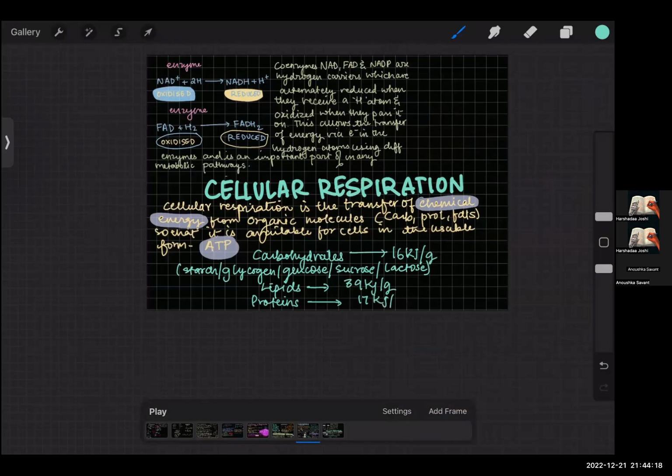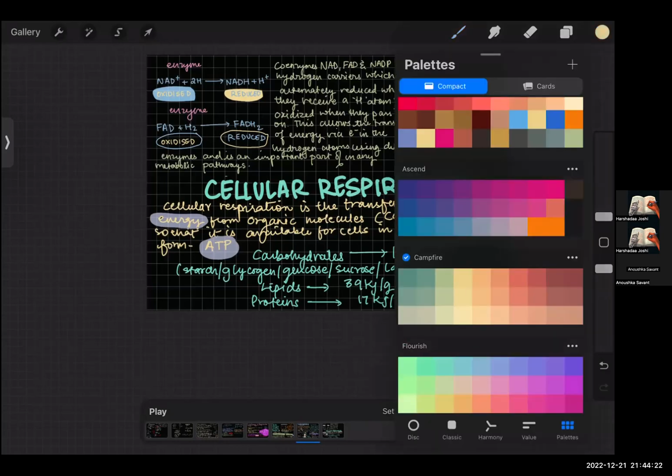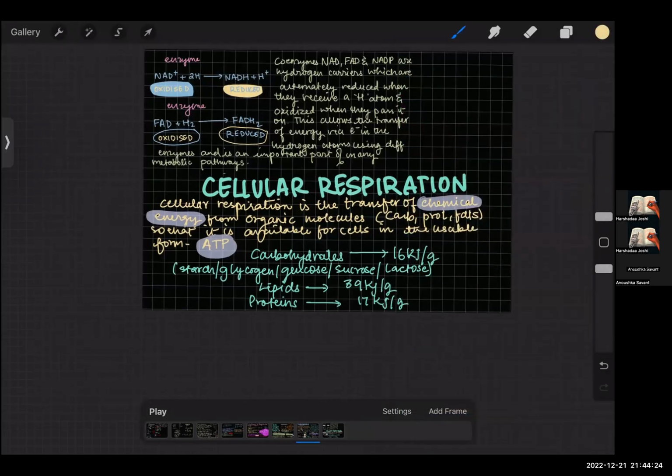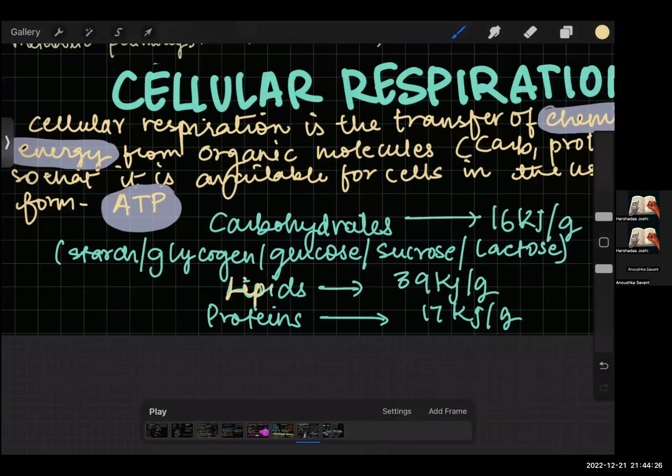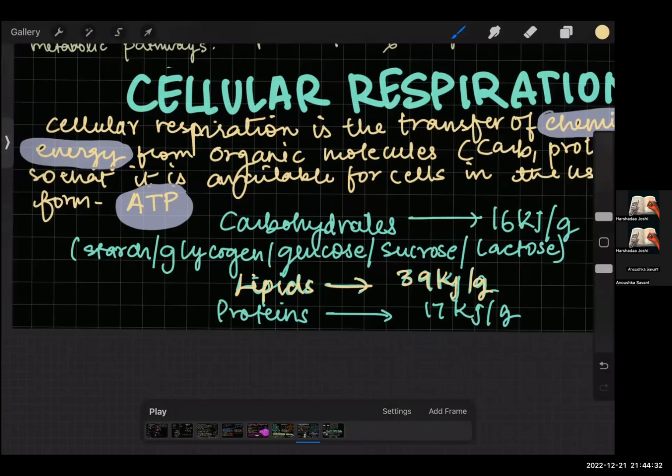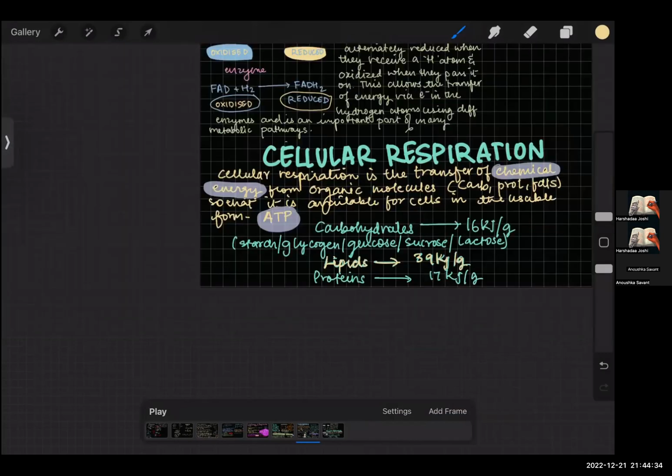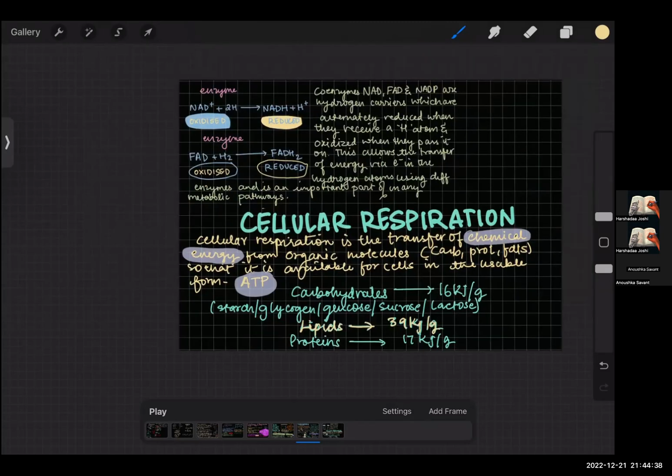17 kilojoules per gram of energy, which brings us to another part, that is your lipids are the most energy abundant biomolecule that you have. But even though your lipids are one of the most abundantly energy rich molecules that we know of, it is quite difficult for us to break these.